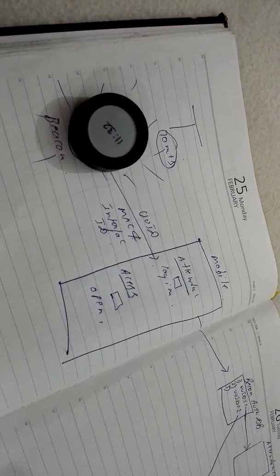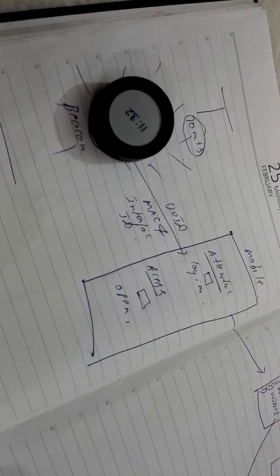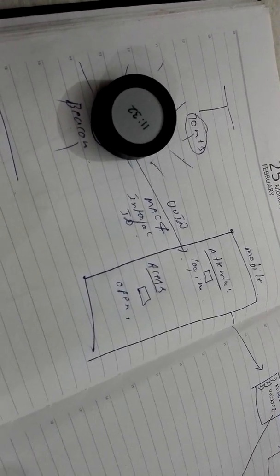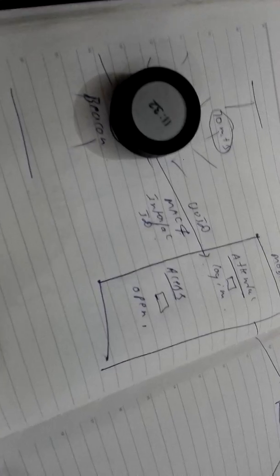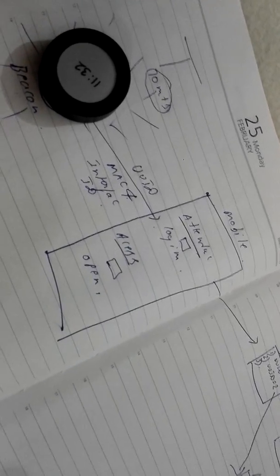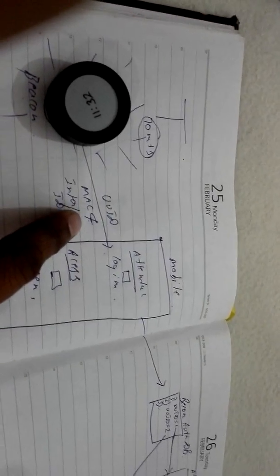Now the mobile app which we created will be equipped to identify the UUID, MAC address, and instance ID broadcasted by the beacon device.